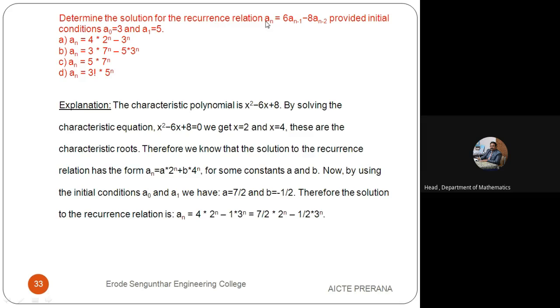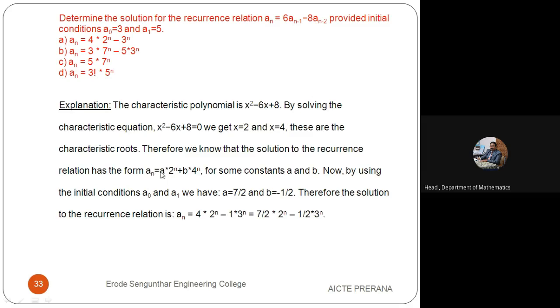Next, we see the solution of this recurrence relation. The given recurrence relation is an equal to 6 an minus 1 minus 8 an minus 2. The initial conditions are a0 equal to 3 and a1 equal to 5. This is a homogeneous recurrence relation. Therefore, as usual, we first write the characteristic equation of this recurrence relation, that is x square minus 6x plus 8 equal to 0. By solving this characteristic equation, we get two roots, x equal to 2 and x equal to 4. These two roots are real and different.